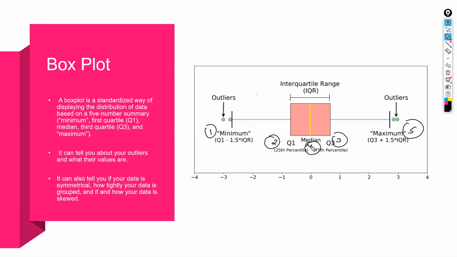Or rather, you can interchange the numbers here: 3 is for median and 4 is for third quartile. So this is how it goes: minimum, first quartile, median, third quartile, maximum. That's how it will be divided.